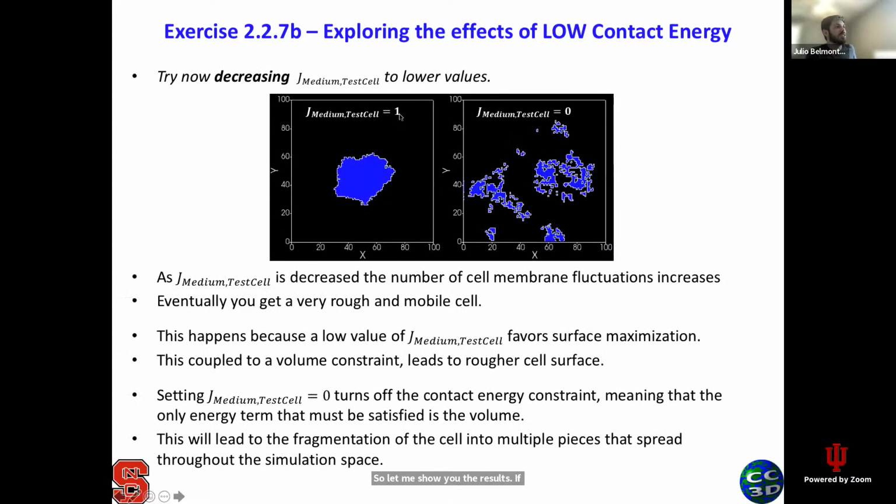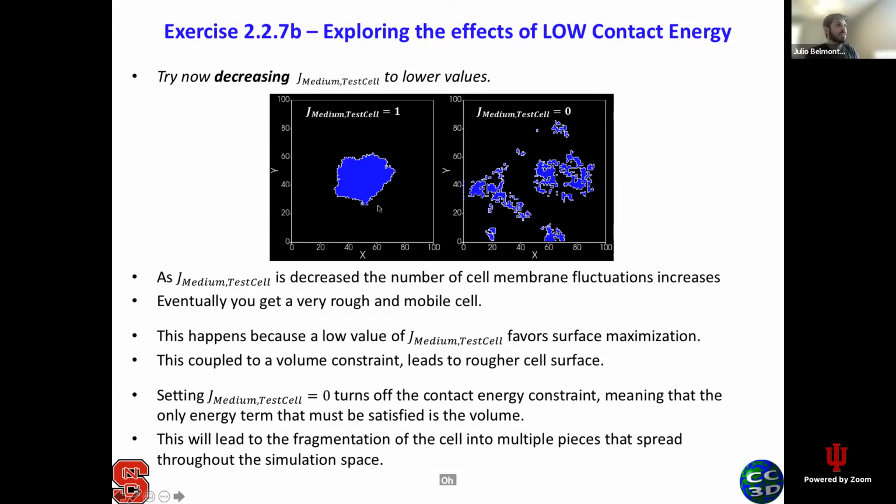If you make your energy 1, the cell actually does not care about its surface. So you get a very rough shape, very similar to the shape of the cell in the bulk of the tissue when you make the adhesion between cells very low. Here you get the same effect with the background because the cell is by itself.